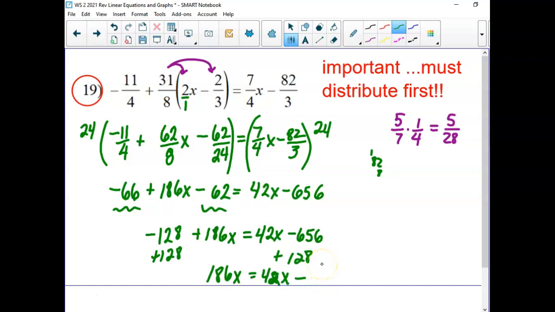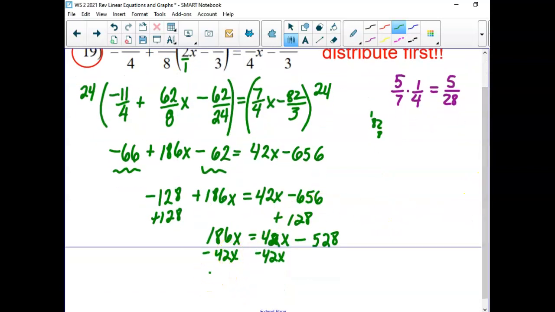Yep, grabbing my calculator. Negative 656 plus. I think kind of whatever order you messed around in there, did you end up with a 528 and a 144?